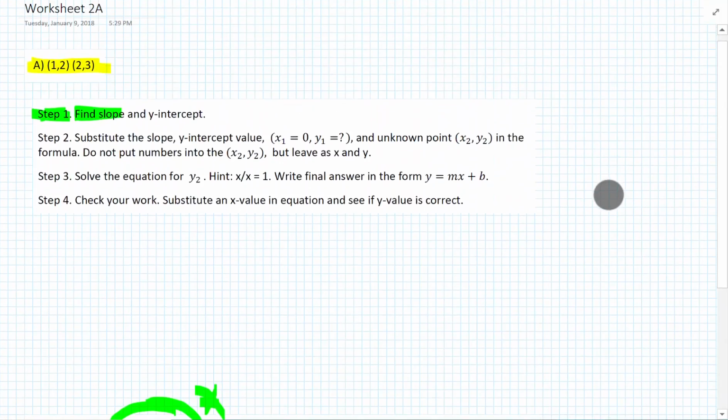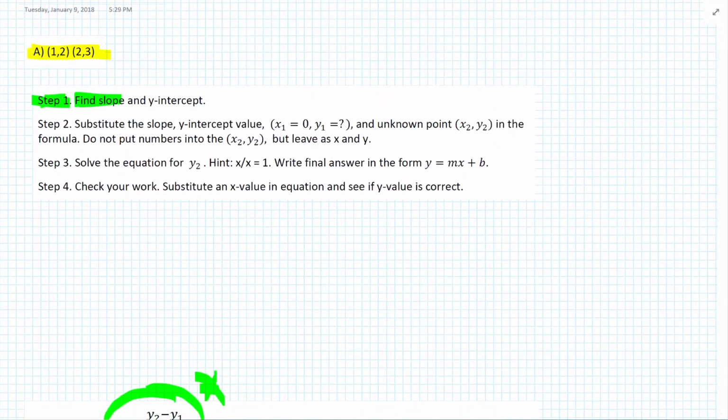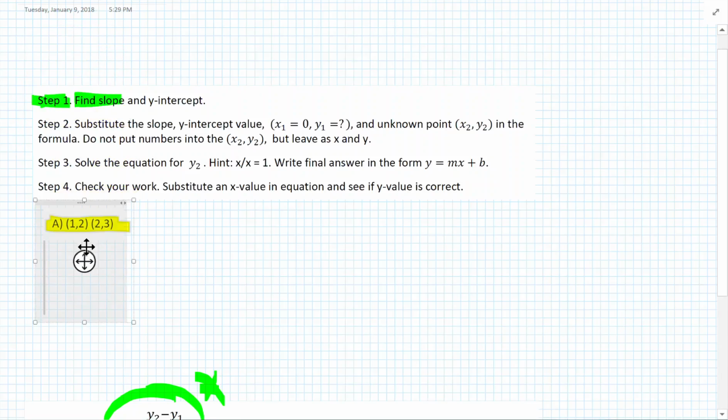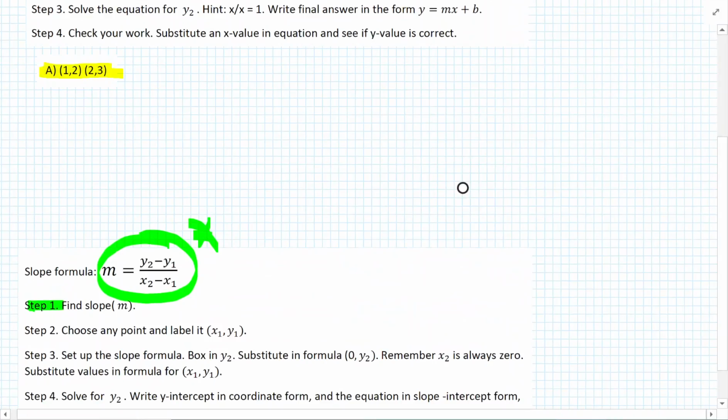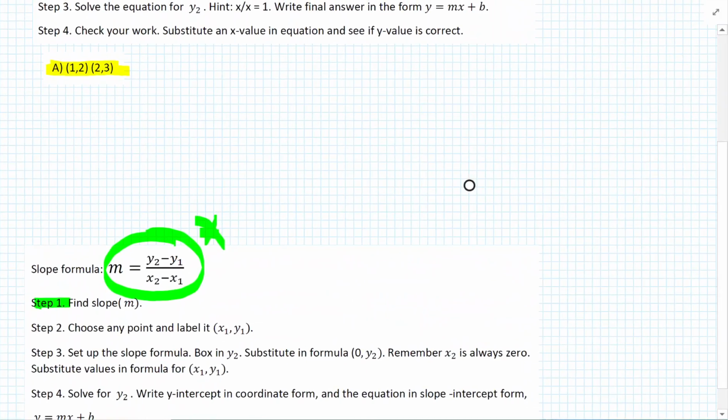Let's bring our points down, and I'm just going to lasso them, move them down here. Let's label them. I'm going to choose point 1 to be the first, 2 to be the second.